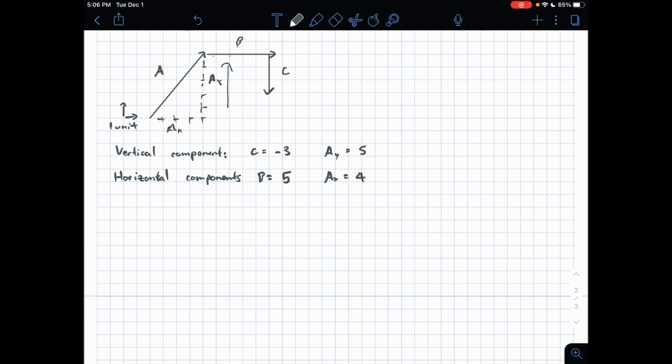So let's add these. -3 plus 5 is 2. And then 5 plus 4 equals 9.